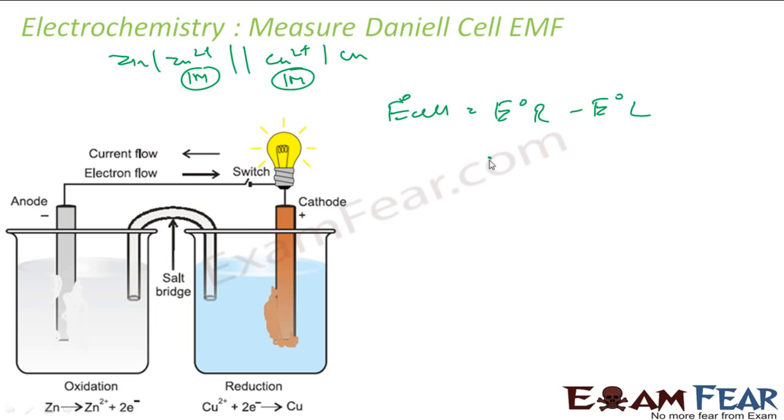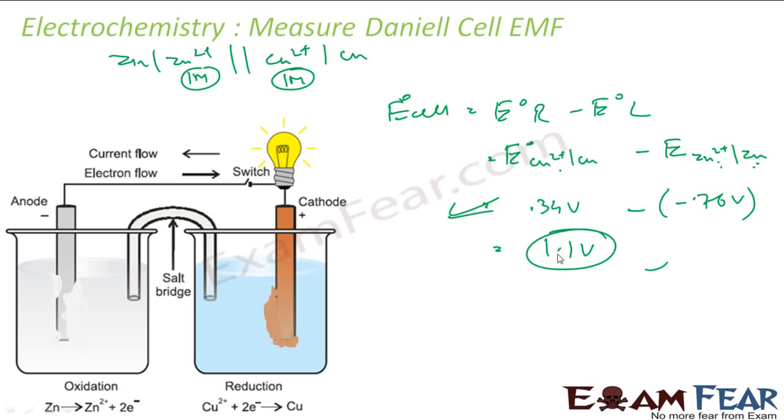What is right? Right is my E naught of Cu2+ to Cu minus E naught left, which is nothing but the reduction at left, Zn2+ to Zn. Please note, it is not Zn to Zn2+, it is Zn2+ to Zn. In both cases I am writing the reduction values. So Cu2+ to Cu, we just found the value was 0.34 volt, and Zn2+ to Zn, we just found the value was minus 0.76 volt. So if you solve this, you get 1.1 volt.